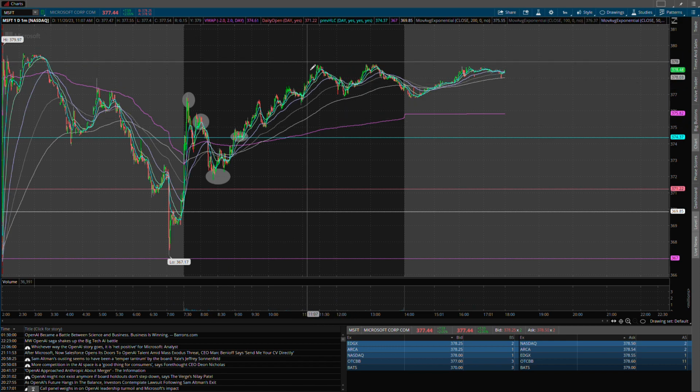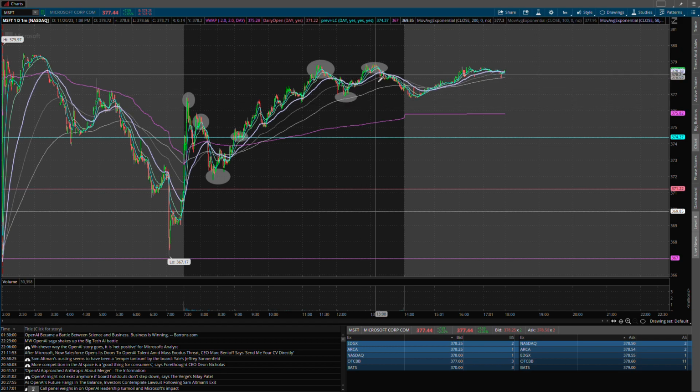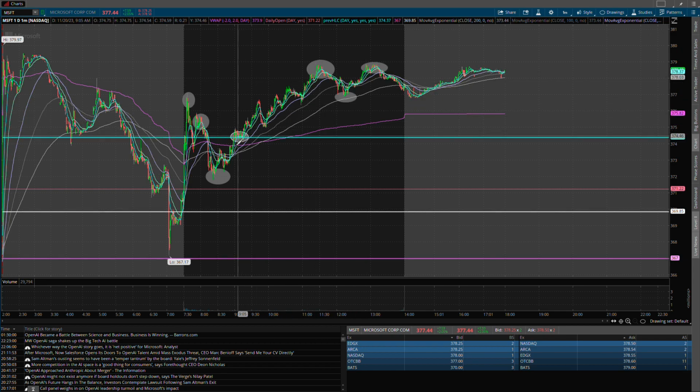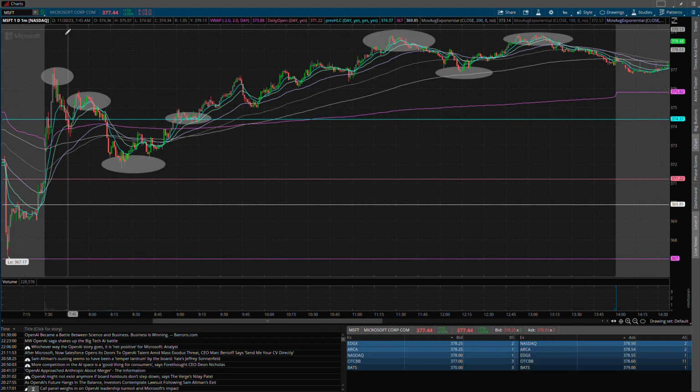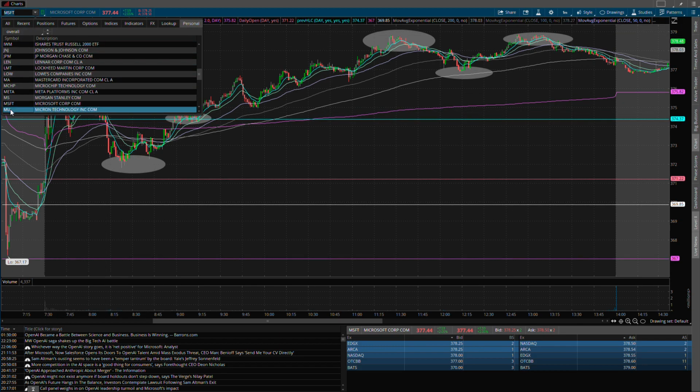That would be difficult to do. That would be considered a double top, another double top right there, and taking profit here. Had I gotten in like that, chances are I would not have traded beyond this point. So that's the way that Microsoft is.